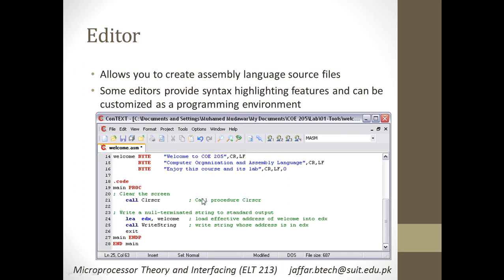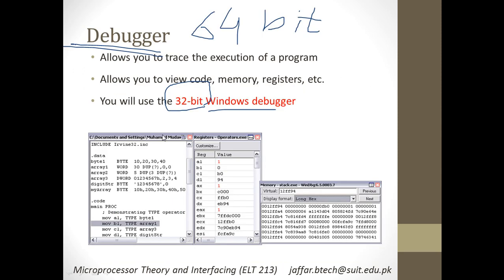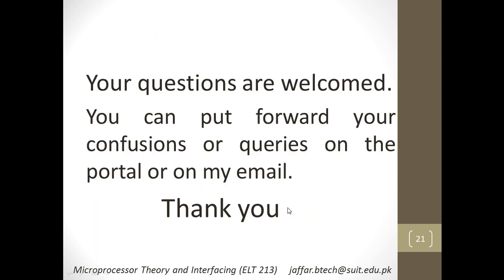These are the several tools that you will be looking at while you are using any editor. This editor allows you to create assembly level programming source files. You can create a source file from here. You can see that this is your source file, and this will be converted into machine level language, and for that you need an assembler.